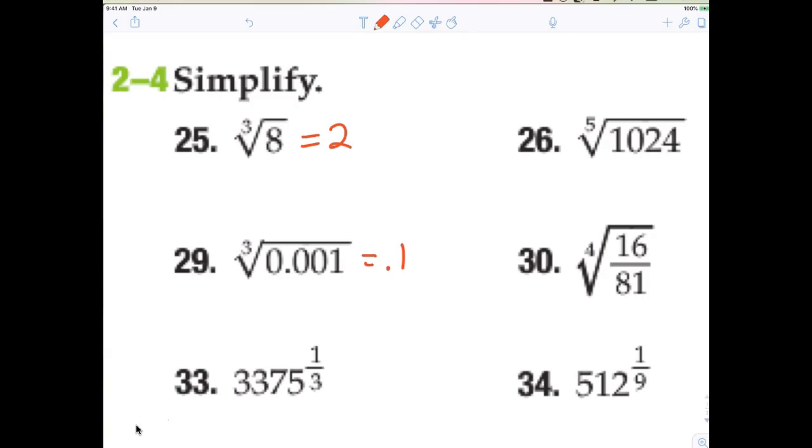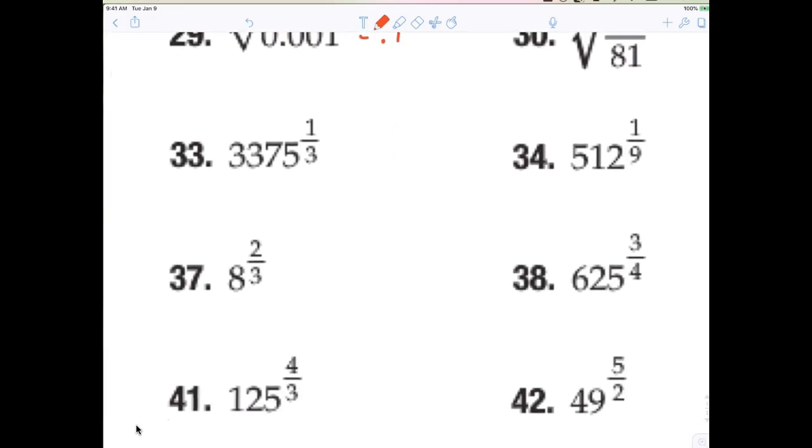Now how did I know it's 0.1? Because if I multiply 0.1 times 0.1, that's 0.01. Everybody agree with that? You got to think about the decimals. And then 0.01 times 0.1 would be 0.001. Those decimals are good to review if you didn't see that. Okay. So let's type it on your calculator now.